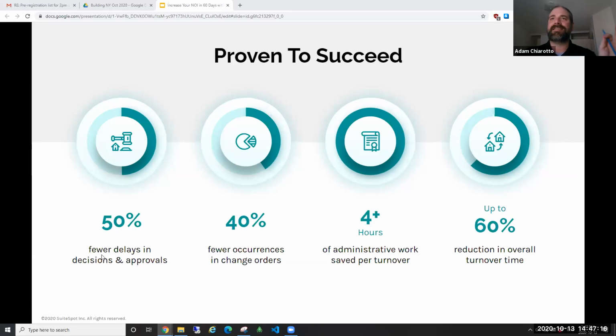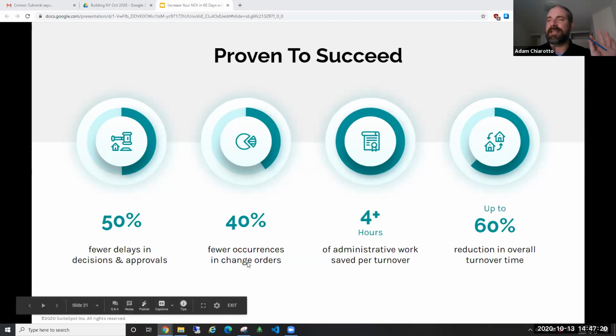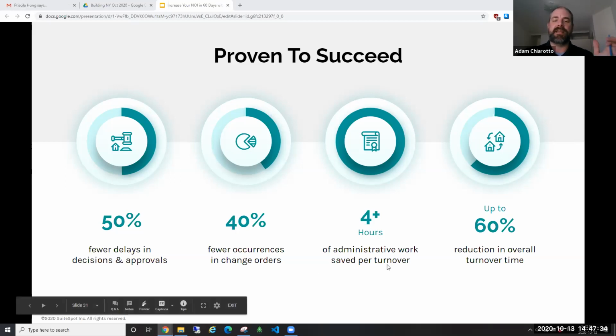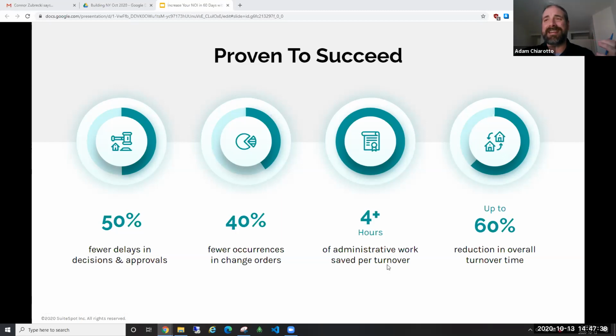There's a lot less lag in the process. We're seeing much fewer change orders because people are inspecting the way that they're expected to inspect. They're not just doing it the way that gets it done the quickest. They're doing it in the most efficient way to gather the best data to make sure that there are no problems later on. Of course, the amount of administrative work being saved is a great deal because we're automating a lot of these things.